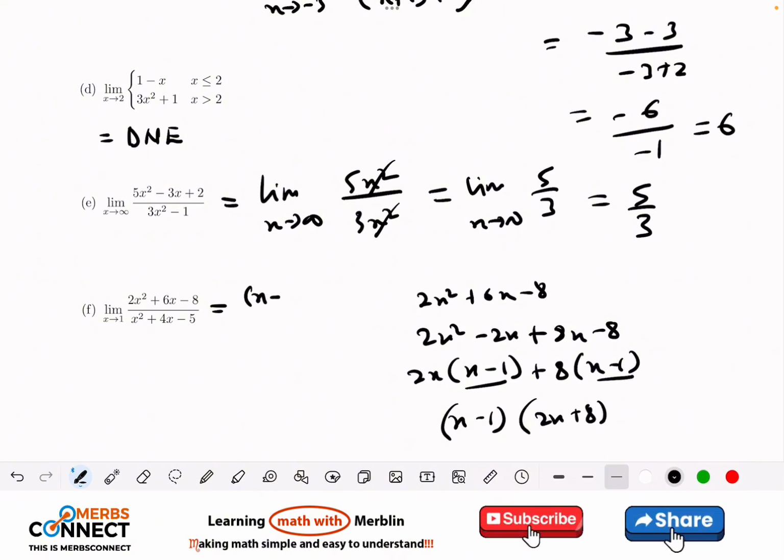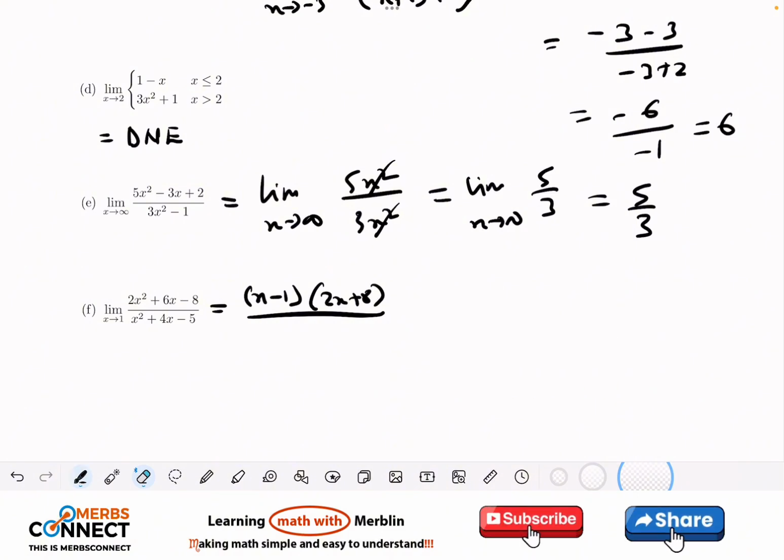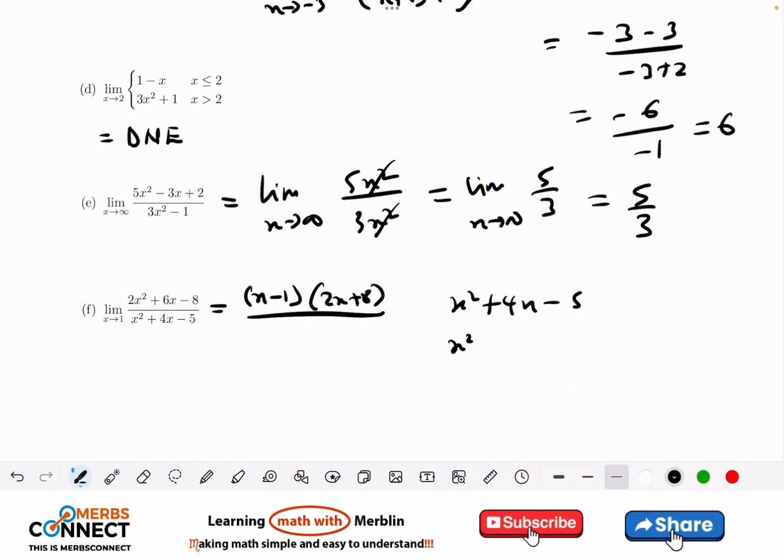When I finish, I'll write the limit. Then 2x plus 8 divided by, now I need to look at the denominator too and simplify: x squared plus 4x minus 5. So this is going to be two factors of 5, and 1 and 5 will work. So x squared minus x plus 5x minus 5.